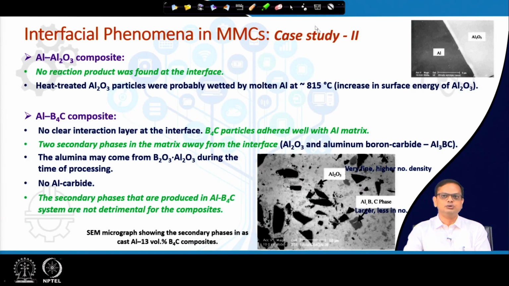All right. So, now if you look at the other two cases, like in case of Al2O3, obviously there is no reaction product formation, but then we will see something else there later.